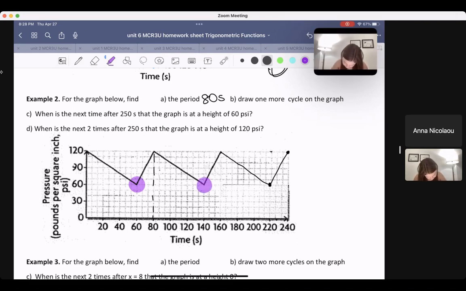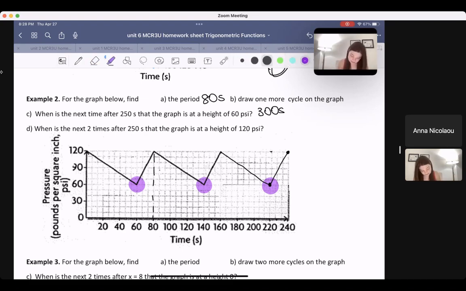So 60 plus 80 is 140, plus 80 again is 220, and so on. So then what's 220 plus 80? Well, that's 300. And so that's going to be our answer, 300 seconds, because that's the first answer we get that's above 250. And so there we go. Voila, that's the answer.